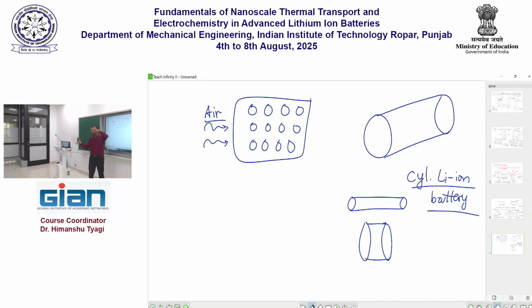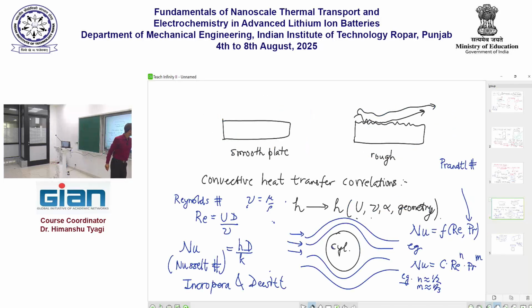The direction in which you blow air also makes a difference. If you blow air like this versus into the plane of the paper, the amount of surface area available is different, right? Or versus at a certain angle or whatever. So you can see that these very fundamental principles of heat transfer can be used to create a first level thermal design of the battery pack.